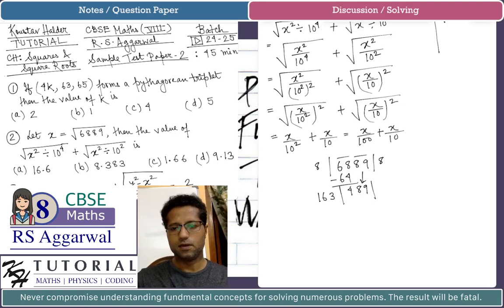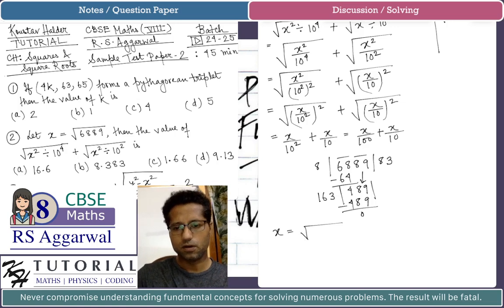So 3 will be appended to the quotient, and 163 multiplied by 3 is 489. So x equals the square root of 6889, which is equal to 83.